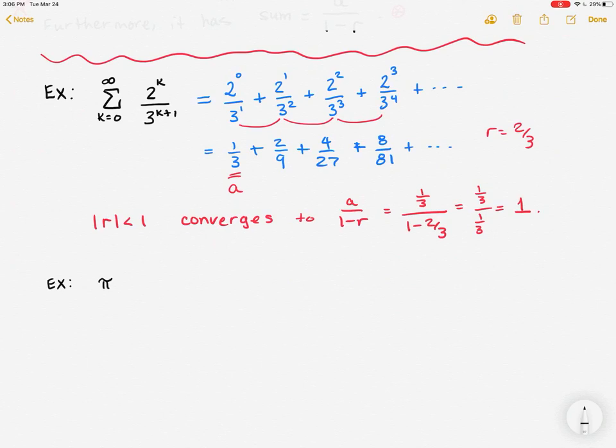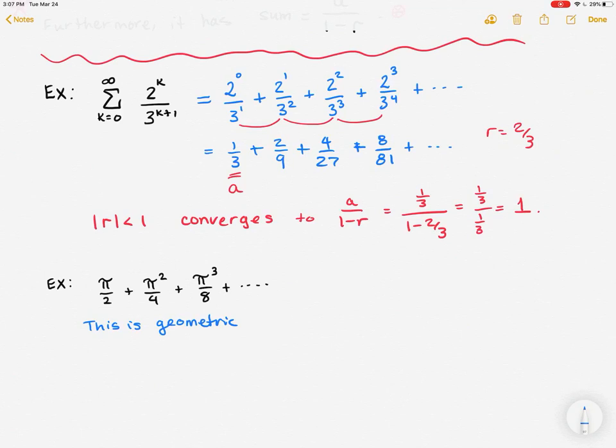Let's look at this one. Pi over 2 plus pi squared over 4 plus pi cubed over 8 plus, and so on, is also a geometric series, because I made it one.